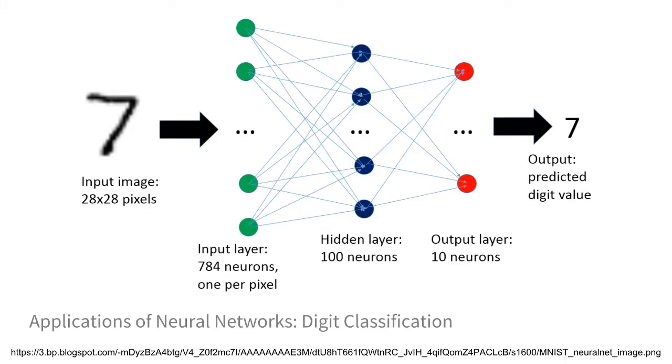Some of the reasons why neural networks are so exciting is because of what they can do for us. For example, one basic application is digit classification. Let's say you have some low quality pictures of handwritten digits and you wanted to classify them into the actual number that they are. We can construct a neural network that has a bunch of input values.